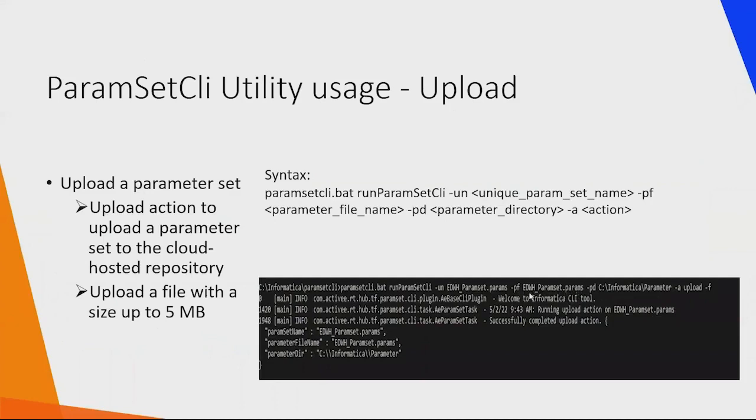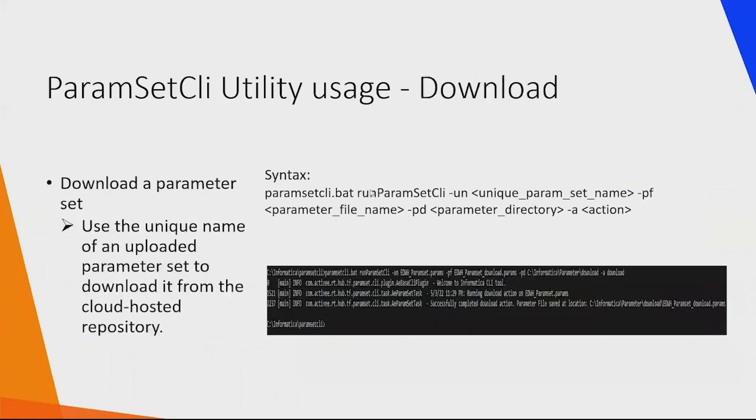So first it has to be created in a file, all the sections, the parameter values, everything will be defined in that file. And then using this utility, that file gets uploaded as a parameter set on the cloud hosted repository. This is how you upload that parameter set to the cloud. And when you upload it through the command line, you will see a message saying that it has been uploaded successfully.